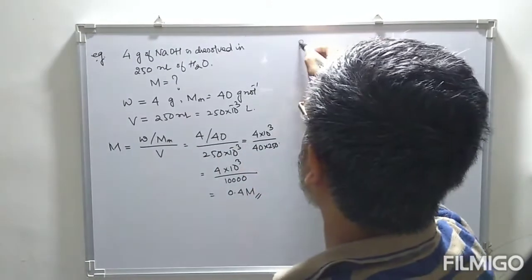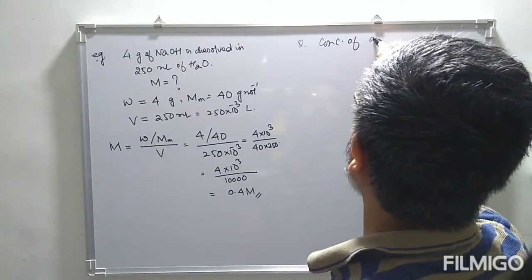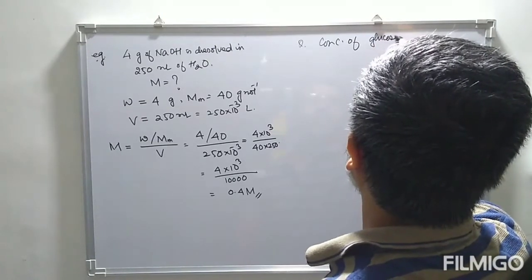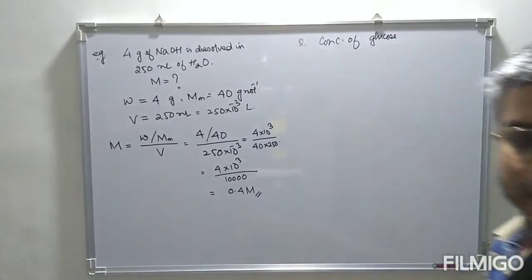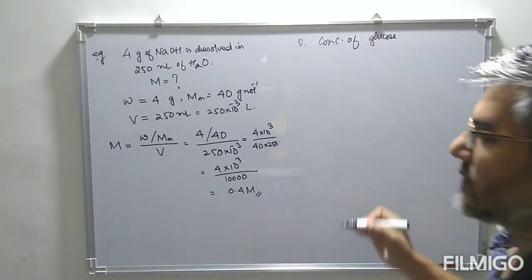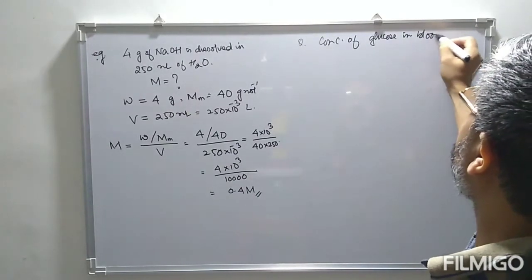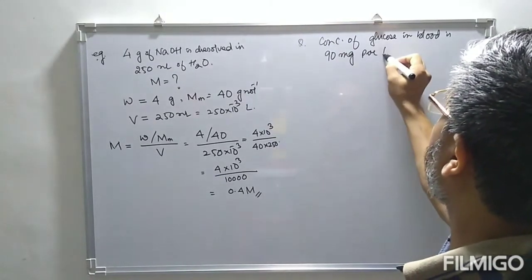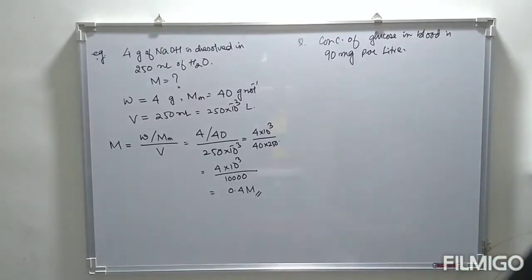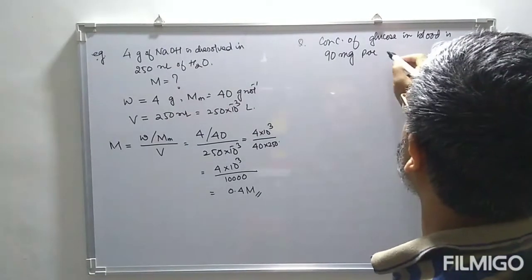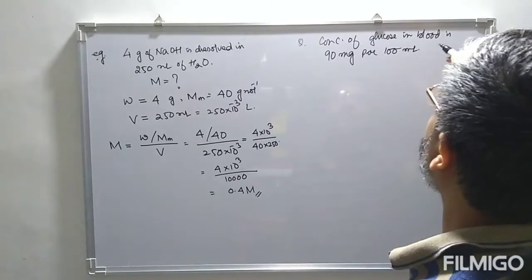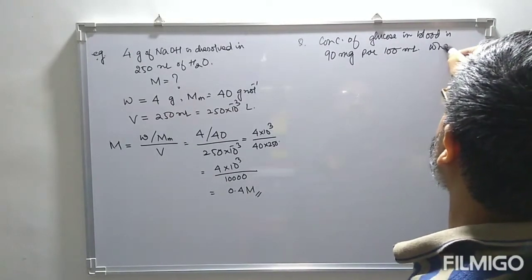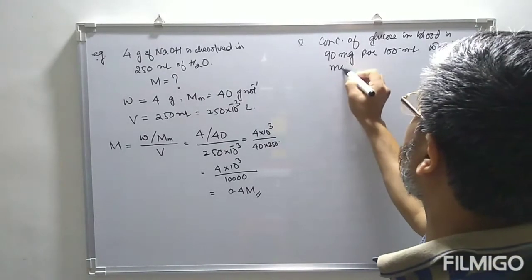One question: the concentration of glucose in blood is 90 milligram per 100 ml.